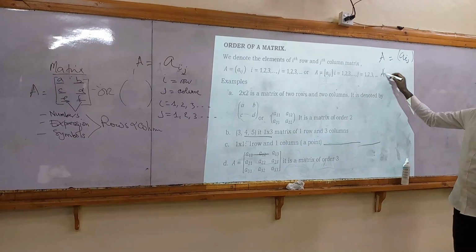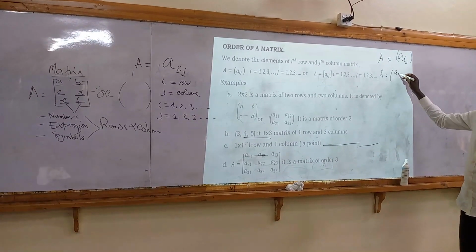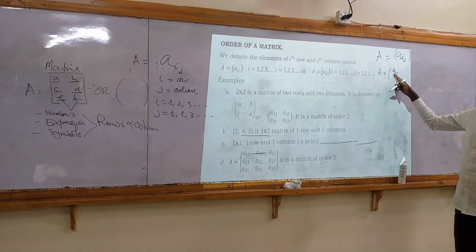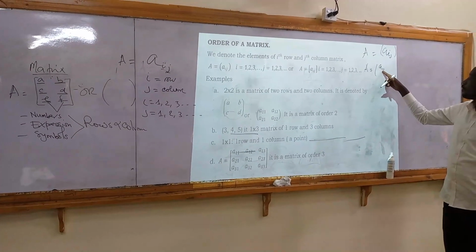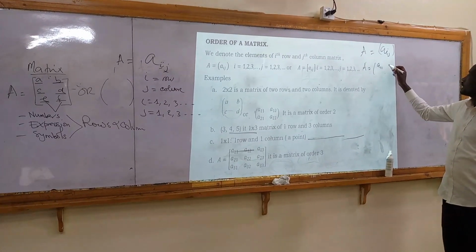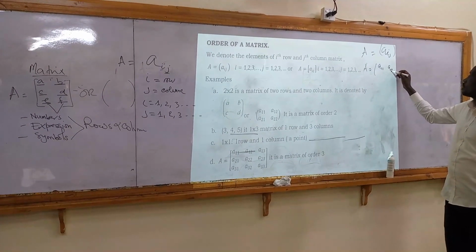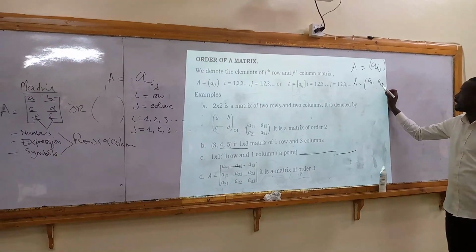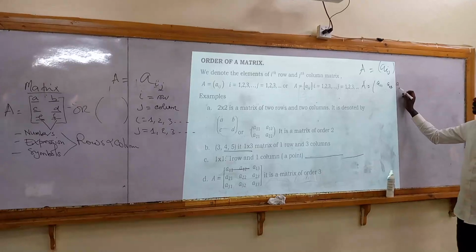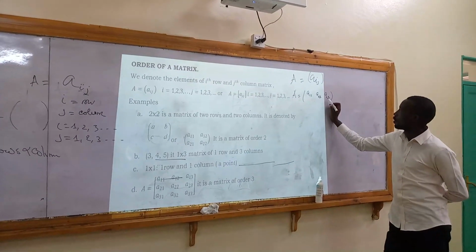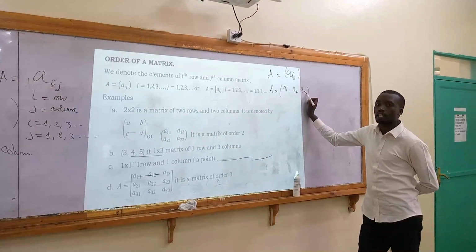When we say A equals a11, this is an element on the first row, first column. This is a12, an element on the first row, second column. This is a13, the element on the first row, third column.